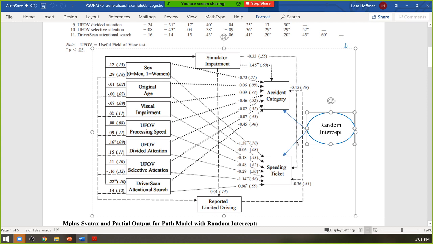These two blue paths right here are fixed to 1, and the variance of this thing is being estimated. So that is the same way that in a generalized multivariate model, we would induce covariance between the residuals of outcomes from the same person, even when we don't have an R matrix to do so. You can do so with a random intercept. So something I learned since then. Sorry for being wrong in the original paper, Scientific World.